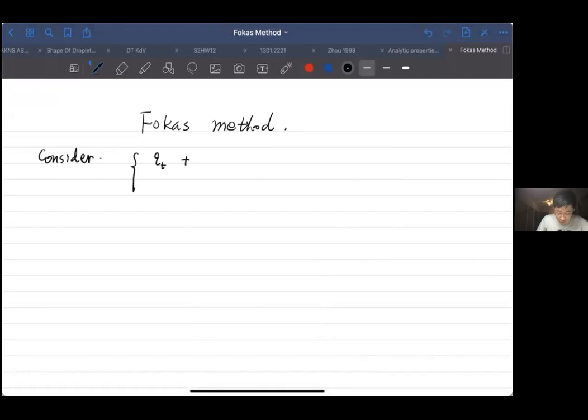q_t + ω(∂_x) q = 0. So this is a general evolutionary PDE, a linear PDE with constant coefficients. ω is a polynomial.